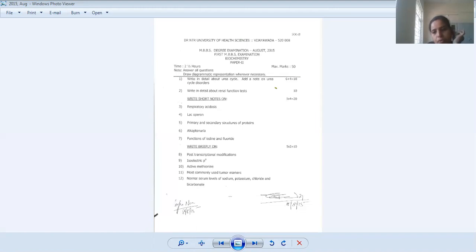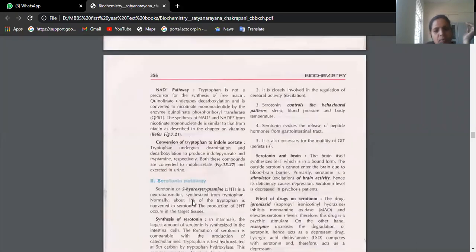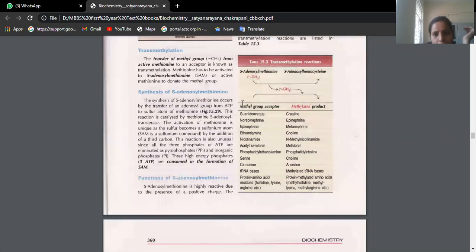So I think here in this chapter only we will see SAM. Yes, beta, this one. S-adenosyl methionine is nothing but the active form of methionine. You can write so many functions in fact. S-adenosyl methionine is giving one carbon transfer.